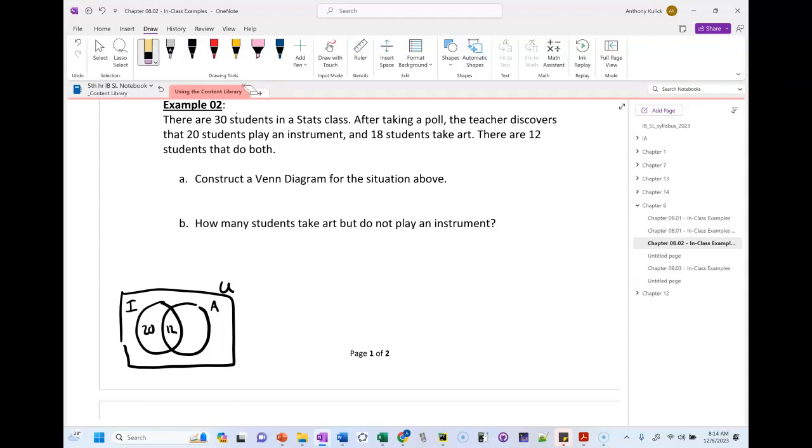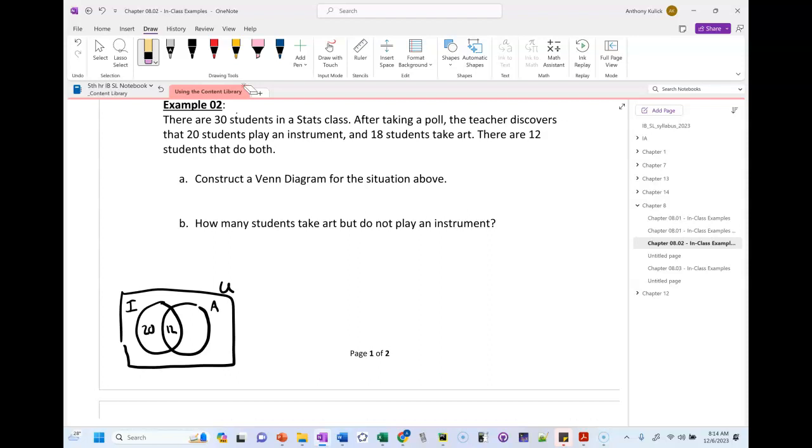Well, the center says there's 12 that do both, right? So 12 definitely take art and play an instrument. How many take just art and don't play an instrument? 18. 18 total students take art.